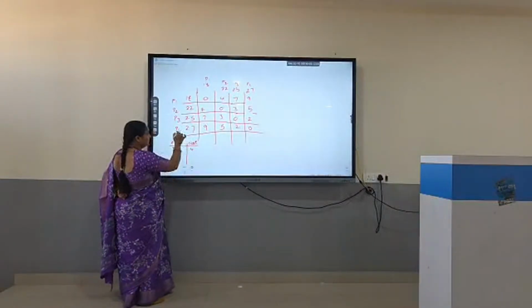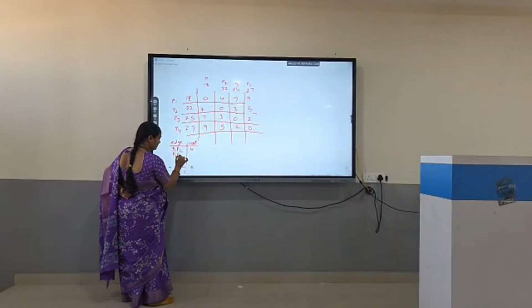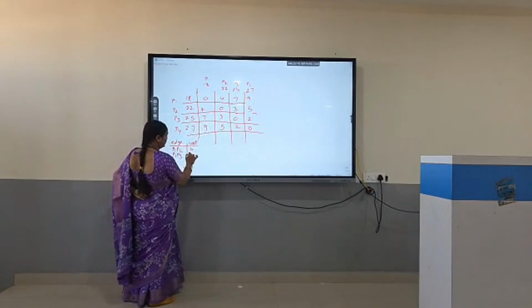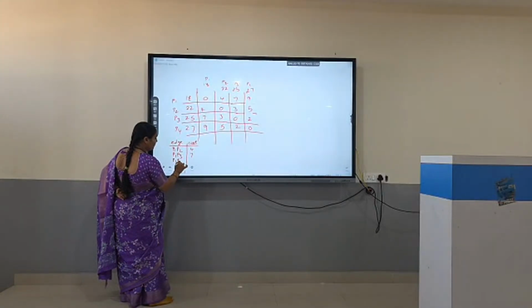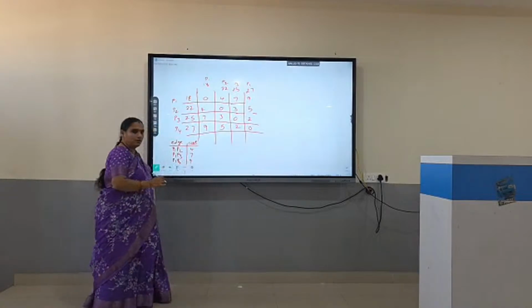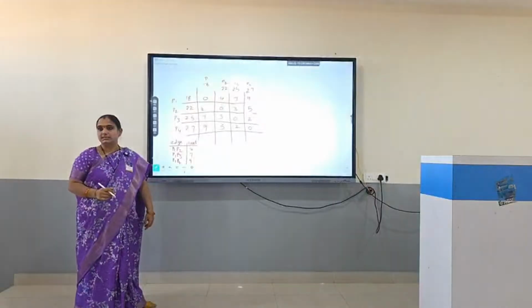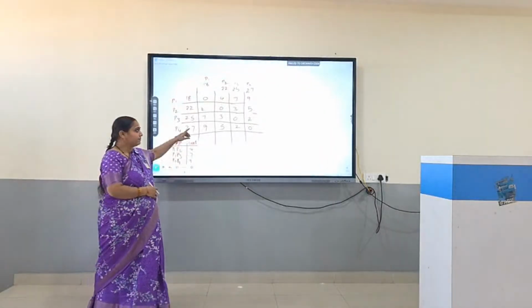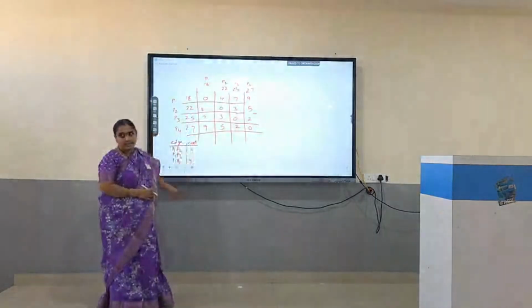Like this, you write P1, P3, which is 7, and P1, P4, 9. Again you write edge and then cost. Are you clear? After defining the adjacency matrix, you write the edges and then cost.